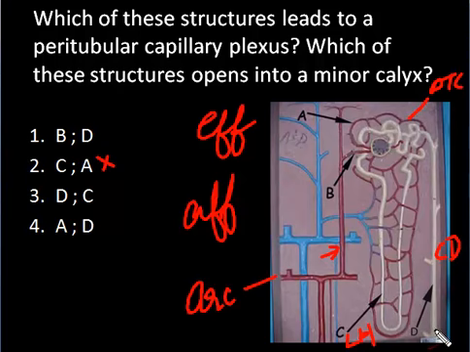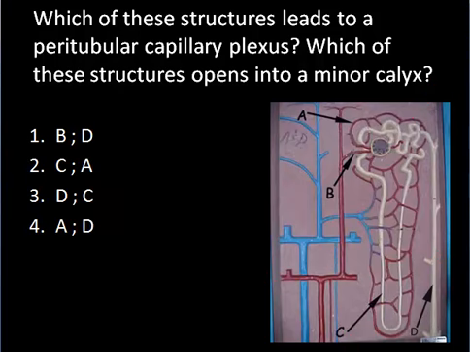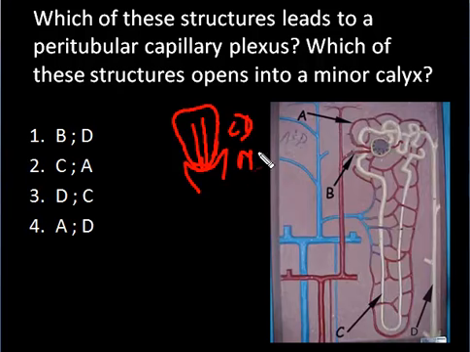So it is D which opens into a minor calyx, and it's very important for you to know the order. So the collecting duct will open into a minor calyx, and the point actually where it opens is this area, the apex of the pyramid, which is known as the papilla. So the collecting duct opens into a minor calyx.